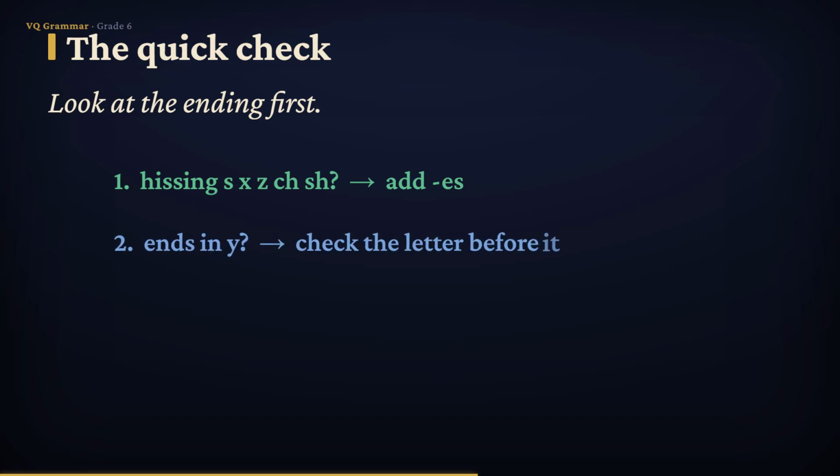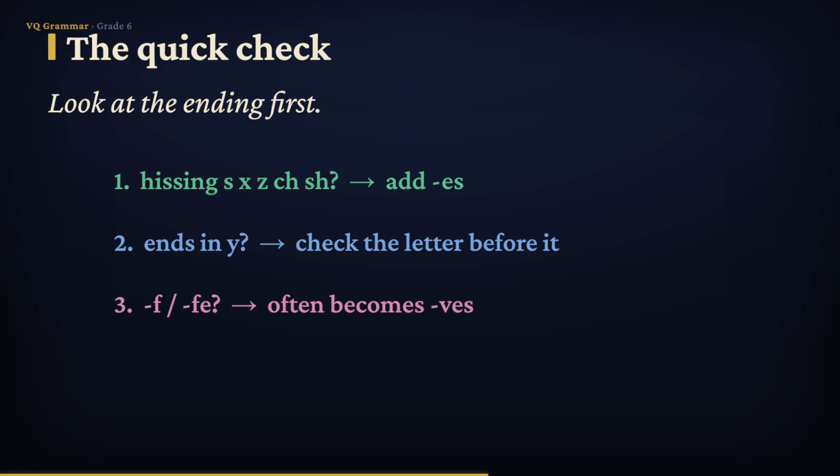Let's boil all of that down into a quick check you can run on any noun. First, does it end in a hissing sound? S, X, Z, CH, or SH? If so, add ES. Second, does it end in Y? Then look at the letter right before it.